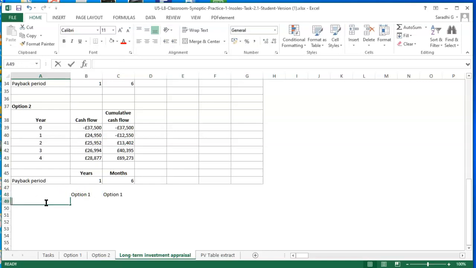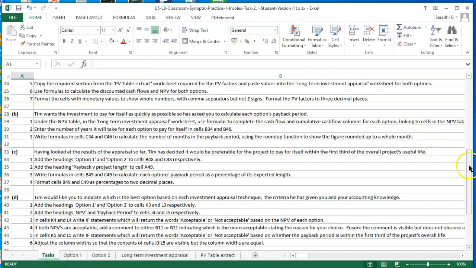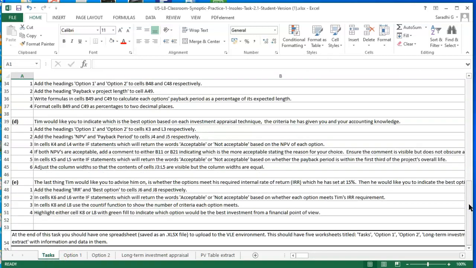And they want you to check payback versus project length. That is, they want you to see if the project length and payback is less than the 3.33% or something. Let's read the task.